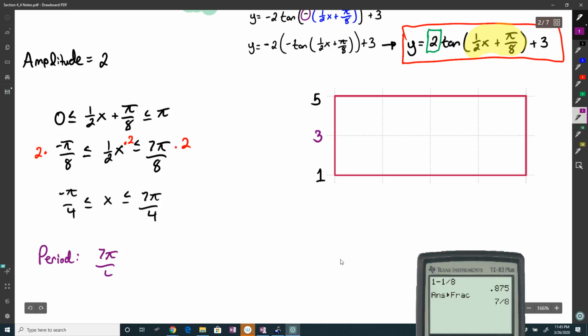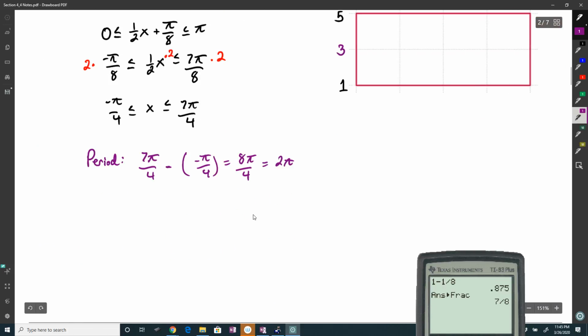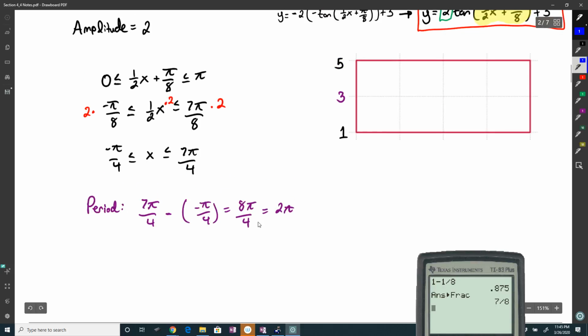So it's 7 pi over 4 minus negative pi over 4. That's just 8 pi over 4, which is 2 pi. So I have a period of 2 pi. And my size of each quarter is just 1/4 times 2 pi, which is pi over 2.